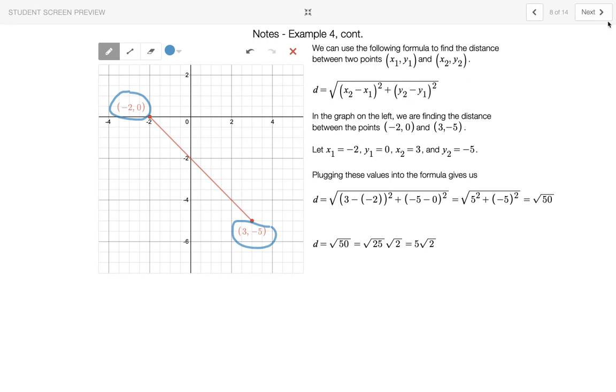So there's a way that we can do this problem that involves creating a table and simply calculating the horizontal distance, calculating the vertical distance, and plugging it into this formula.